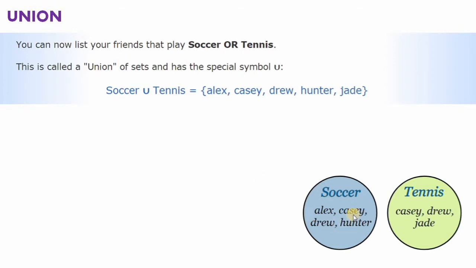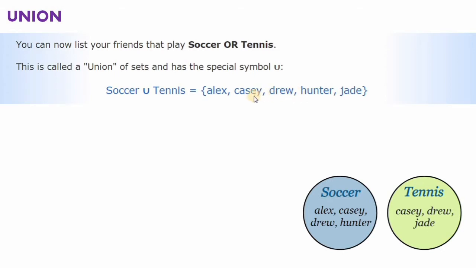So basically here we have added the members. But here we see that Cassie and Drew play soccer and tennis both. We cannot repeat their names because we know that in a set we cannot repeat the elements. That's why I have written their names only once.